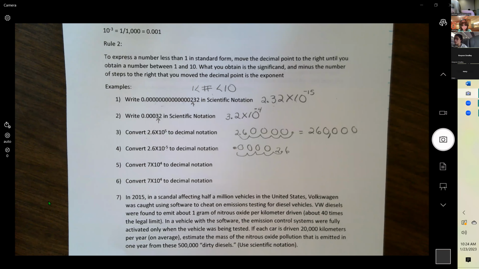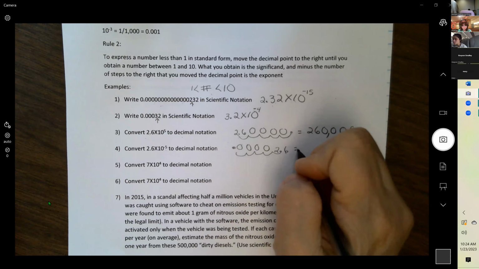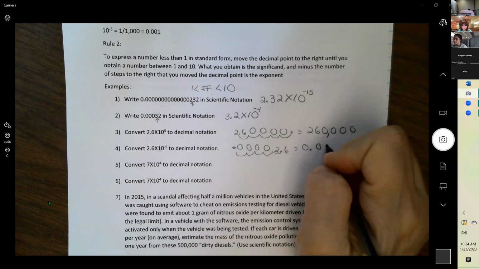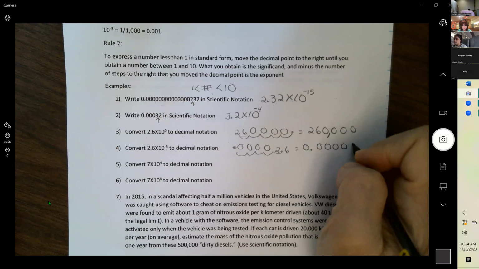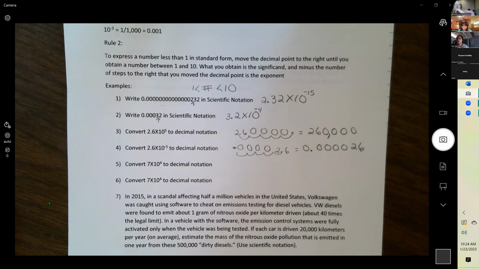Now you can put the 0 in front, so it would be 0.2, 4 zeros, 2, 6. Any questions on that?